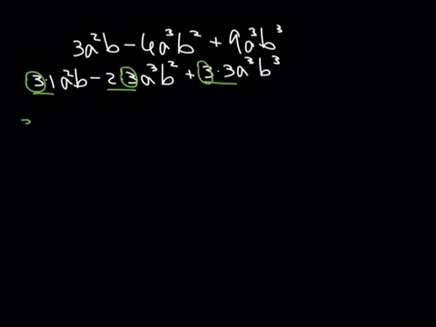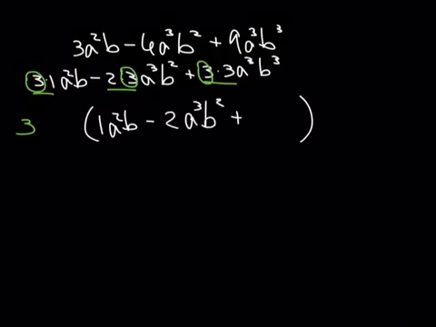Okay, so I'm going to pull a 3 out. Do I have anything else common? I've got a 1 here, a 2 here, and a 3 here. So nothing else is common. So the numbers that are left, in fact, let's make a parenthesis and put those numbers there. I've got a 1, a squared b minus a 2 plus a 3, which is that one.